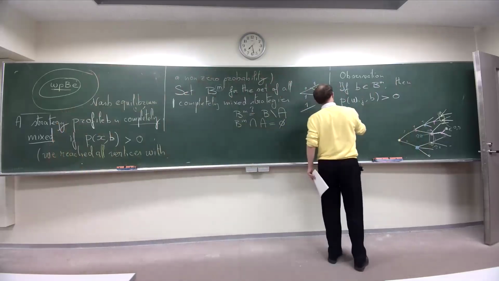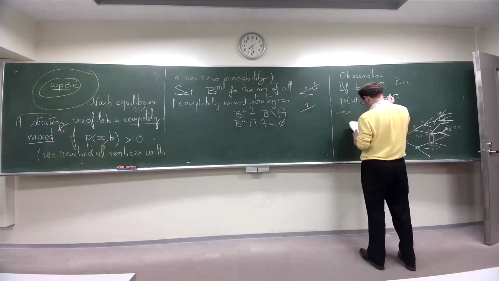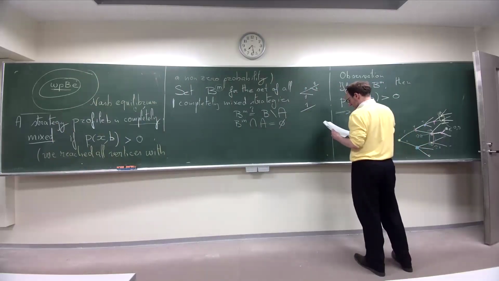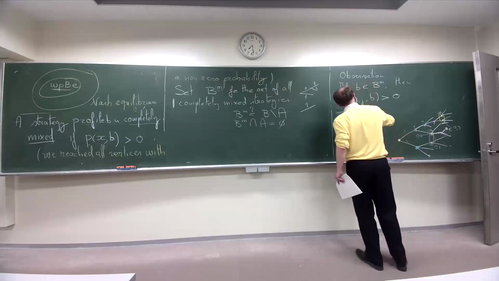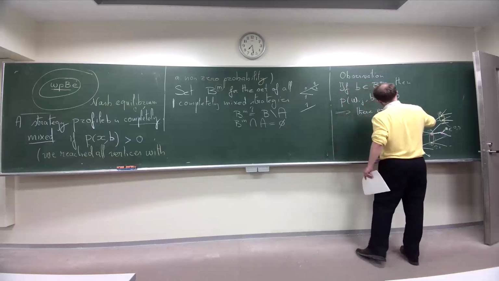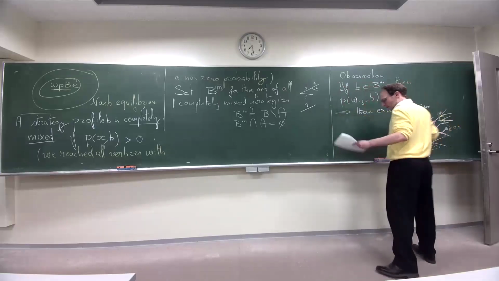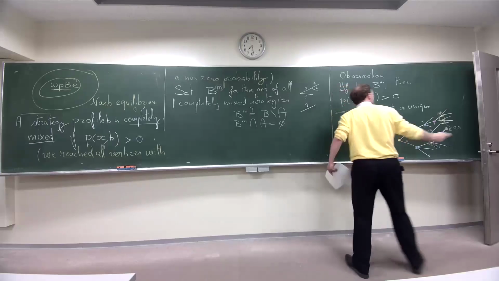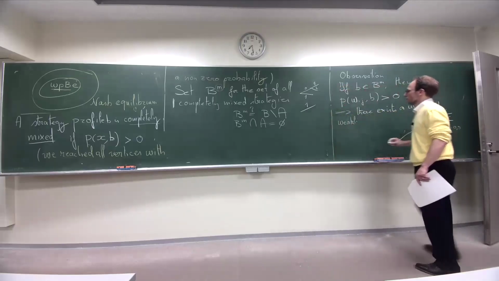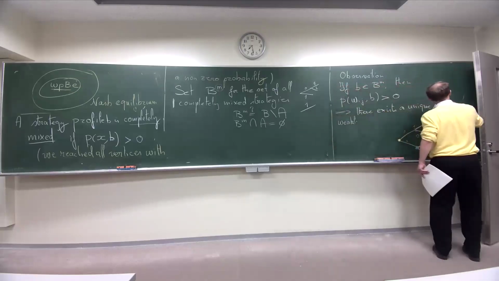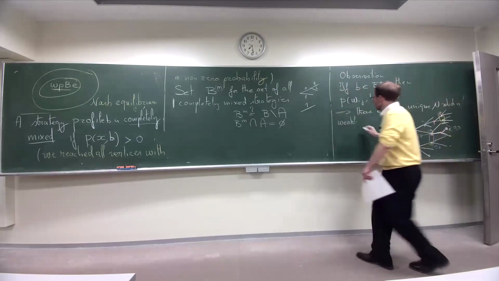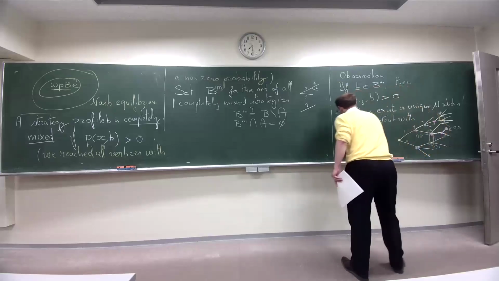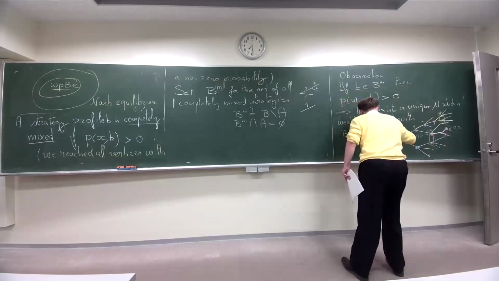And this implies that for B there exists a unique mu which is weakly consistent with Bayes rule. Can you tell me why I mention it?